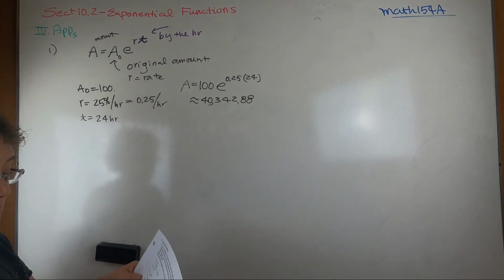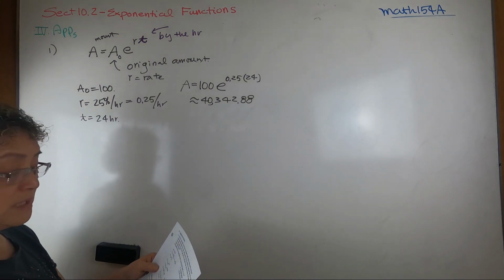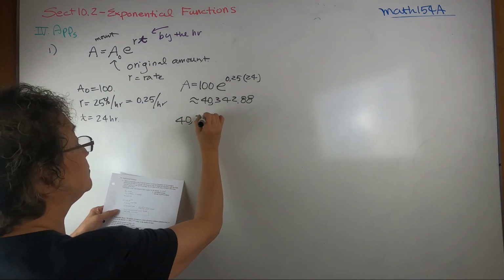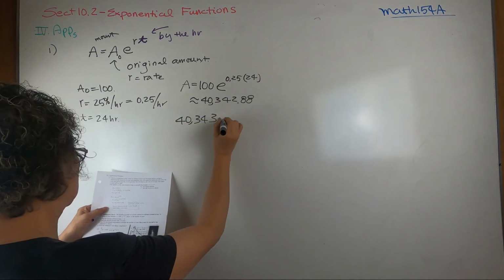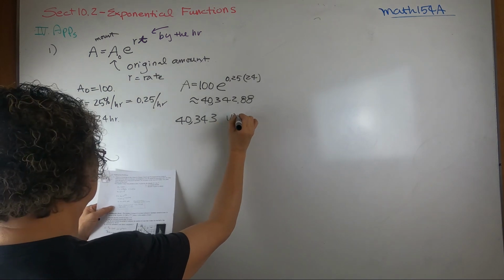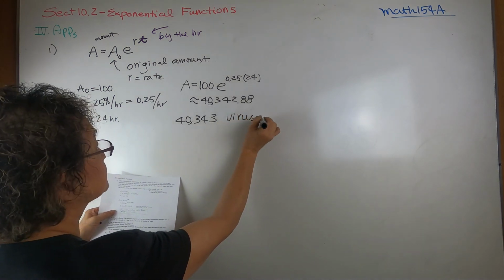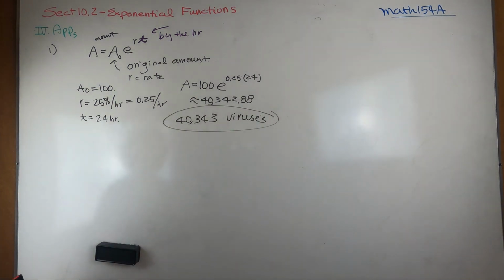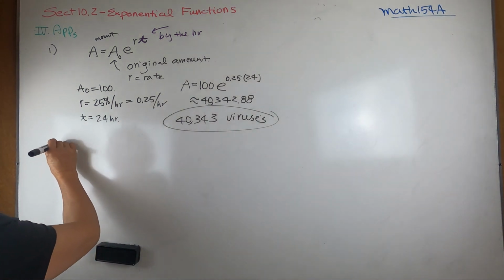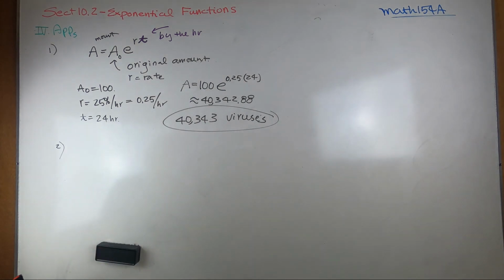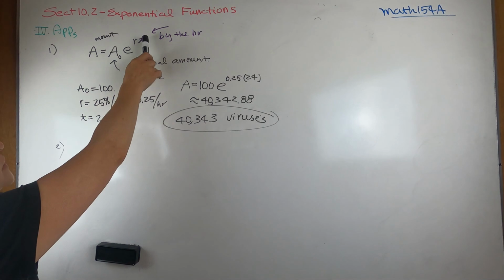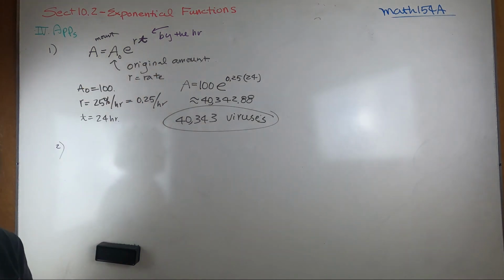Then we round it to the whole number, so it should be about 40,343 viruses. Good? That's how we apply the exponential variable to the situation, right?